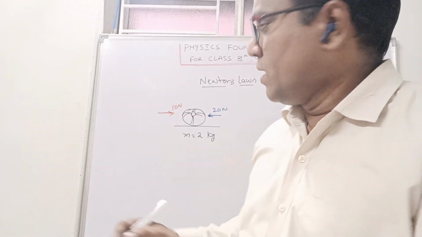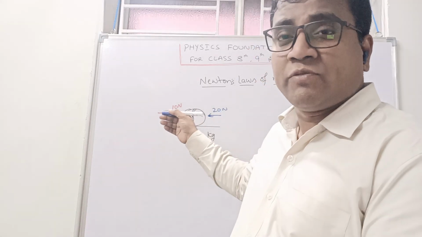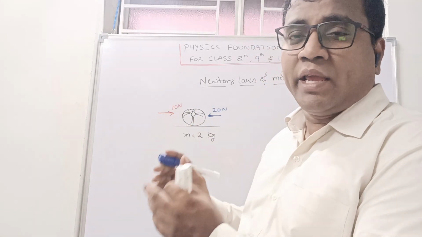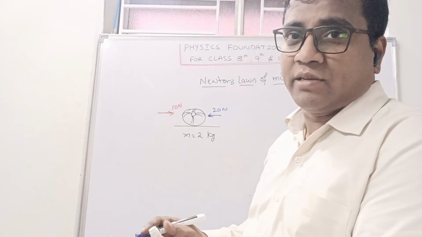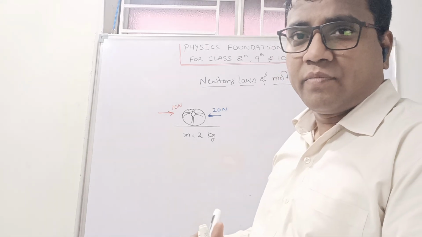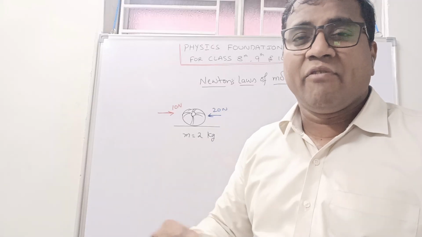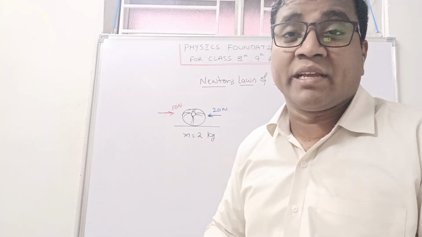Now you tell me, in this direction 10 Newton's force is acting. In this direction 20 Newton's force is acting. So the ball will move in which direction? Towards right or towards left? The body or the ball will always move in the direction of the greater force.